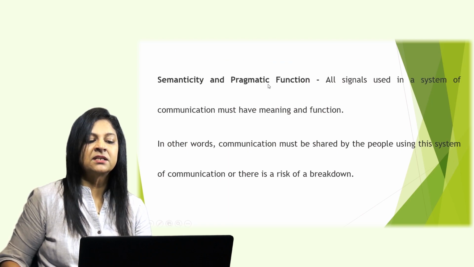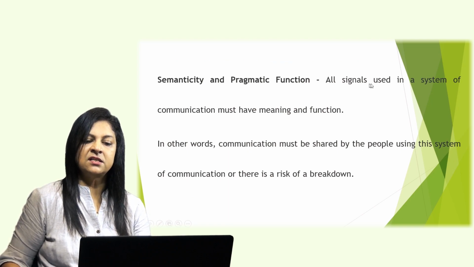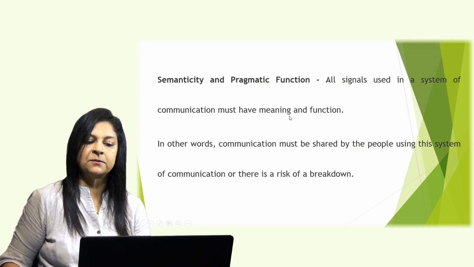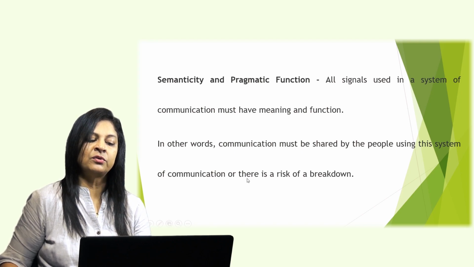Semantic and pragmatic function. All signals used in a system of communication must have meaning and function. In other words, communication must be shared by the people using this system of communication, or there is a risk of breakdown.